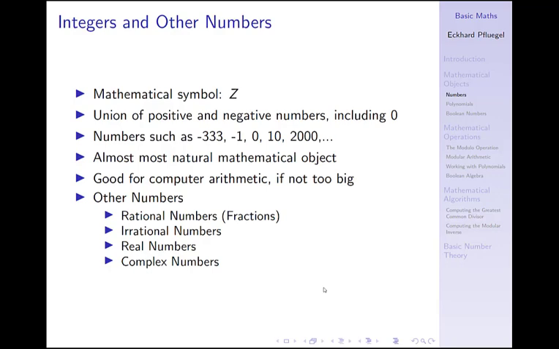Quite often in applications, for example in cryptography, you have to deal with big numbers, and then you need to be a little bit careful. You might have to implement your own algorithms or use some libraries. But anyway, the integers are a simple object, and then over time, mathematicians have discovered that there are actually some other types of numbers which are also very important.